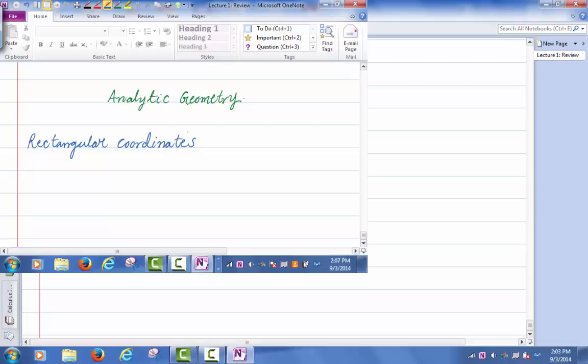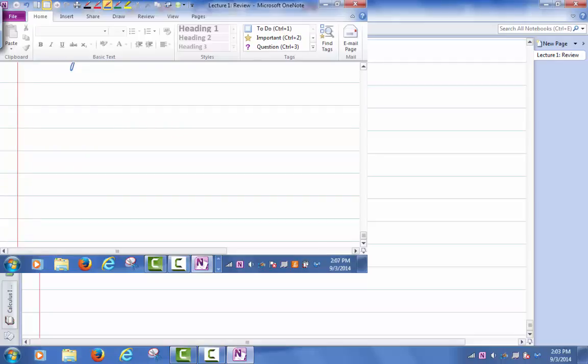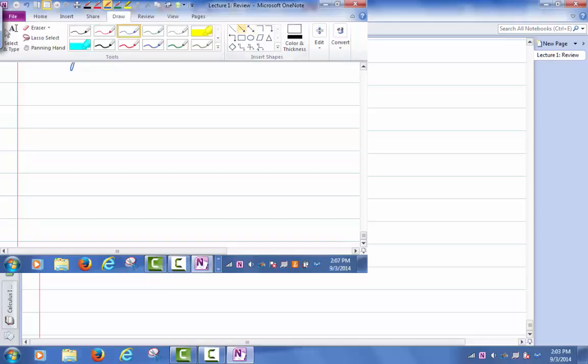So the rectangular coordinate system is a way for us to describe points in the plane. So what do we do to describe points in the plane? Well, we take two real number lines.